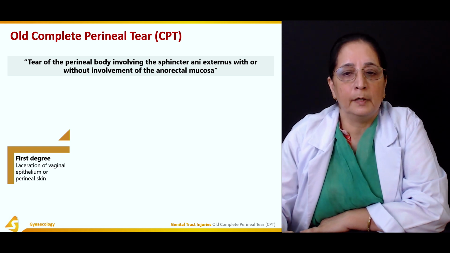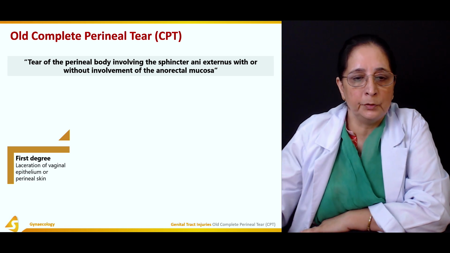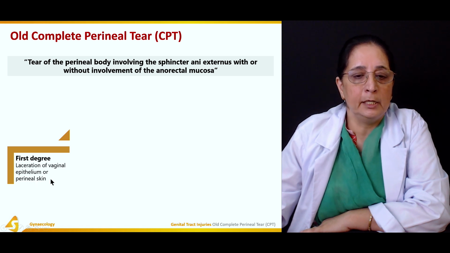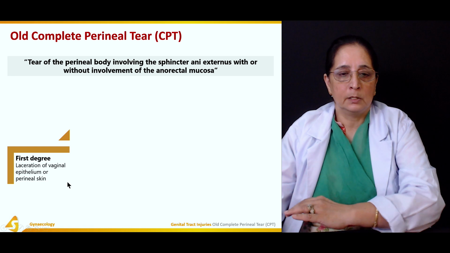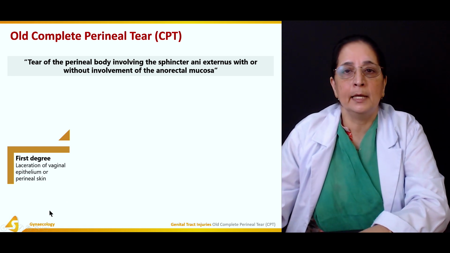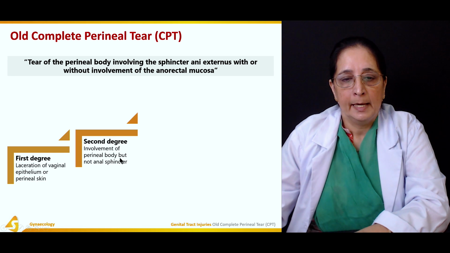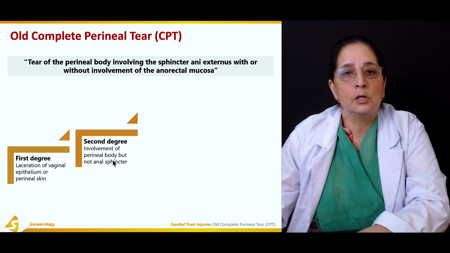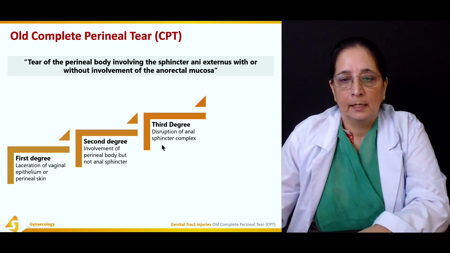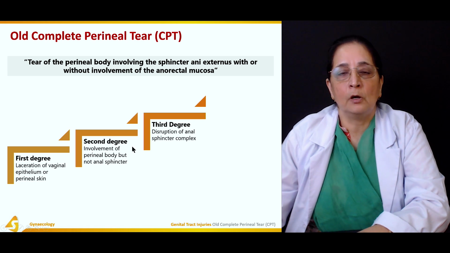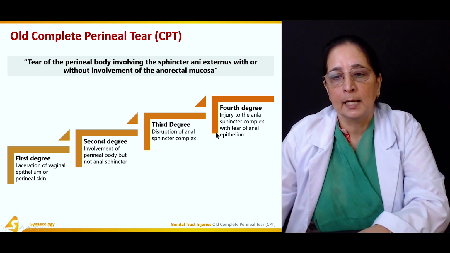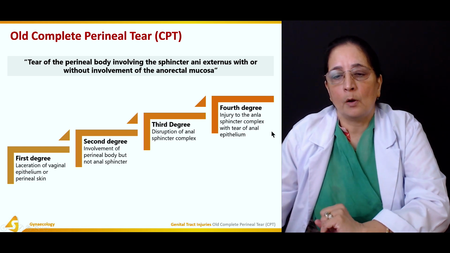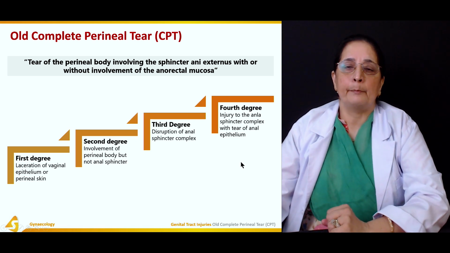In the first degree of complete perineal tear, usually there is laceration of vaginal epithelium or perineal skin. So epithelium or perineal skin is involved in first degree. In the second degree, there is involvement of the perineal body but not the anal sphincter. In the third degree, there is disruption of the anal sphincter complex, and in the fourth degree, there is injury to the anal sphincter complex with tear of the anal epithelium.